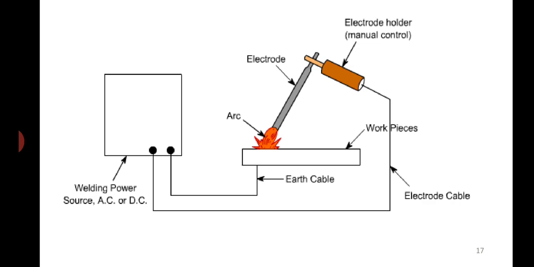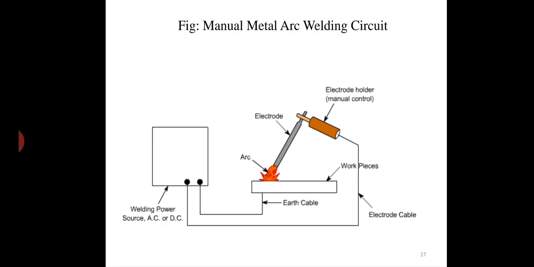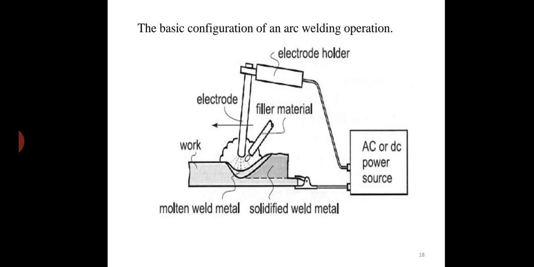You can see the arc being generated, the workpiece brought to a molten state, and your workpieces fused together to form a single piece. So this is a basic configuration.